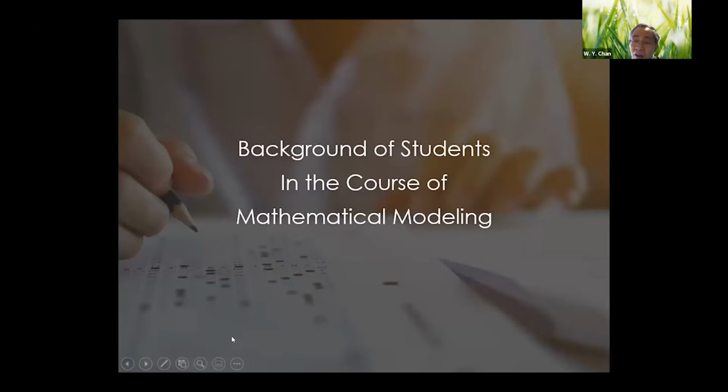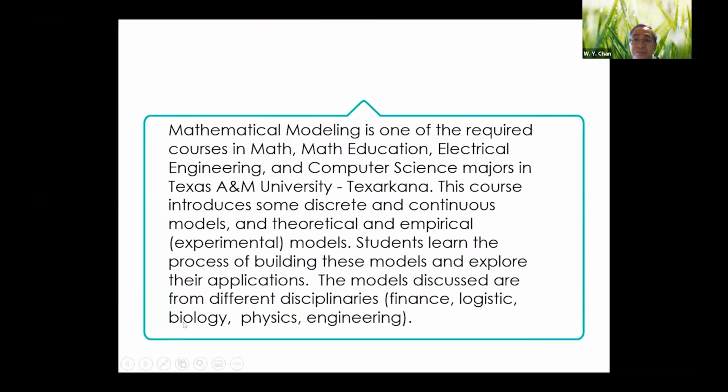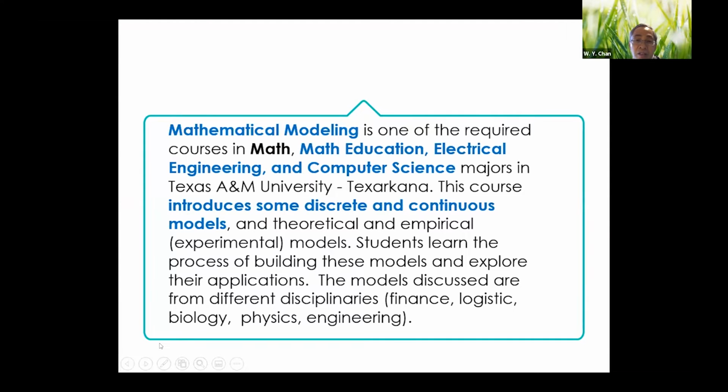The next section is about the backgrounds of the students in our mathematical modeling class. Mathematical modeling is one of the required courses in the math major. I would like to highlight here also math education and electrical engineering. In fact, we have mechanical engineering as well.